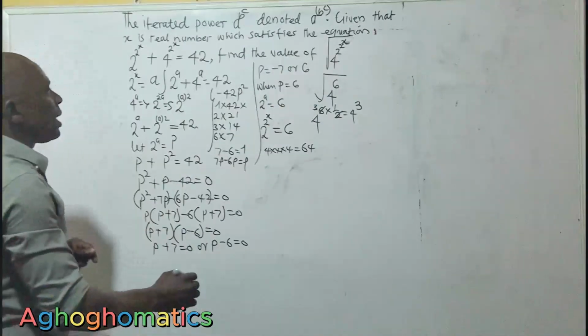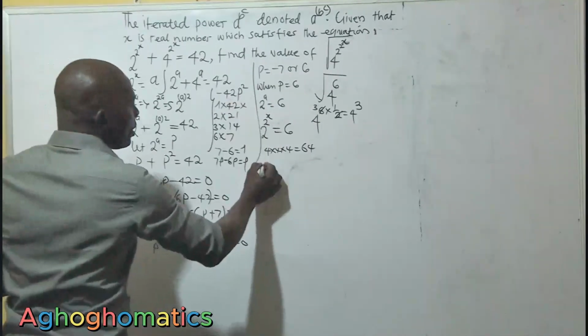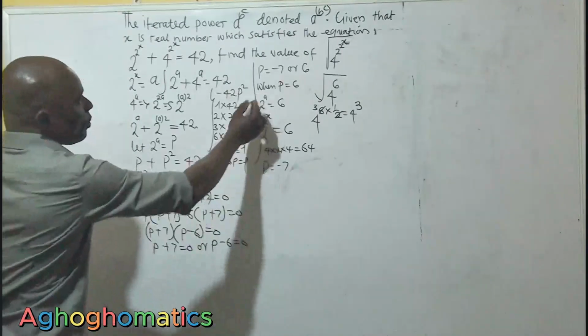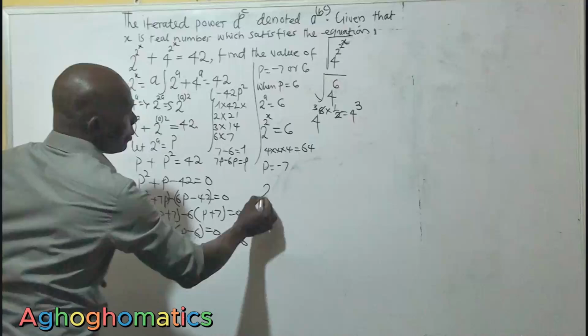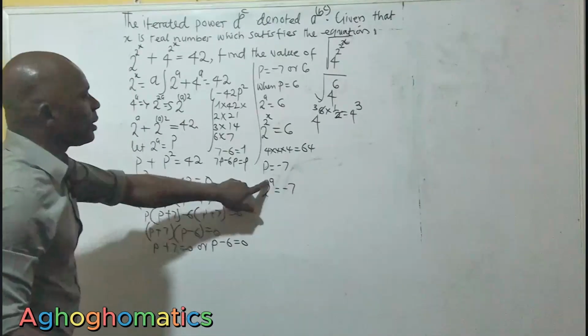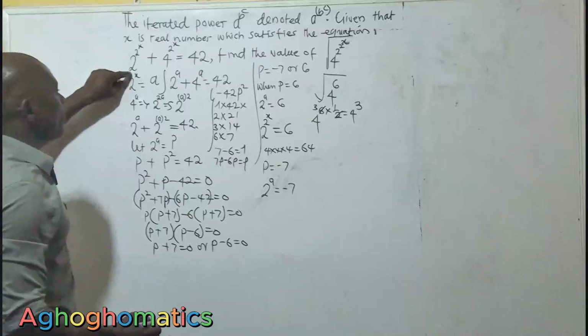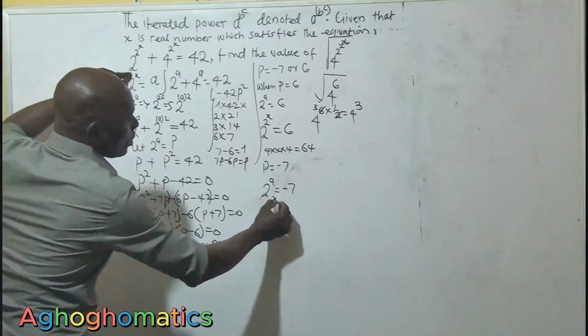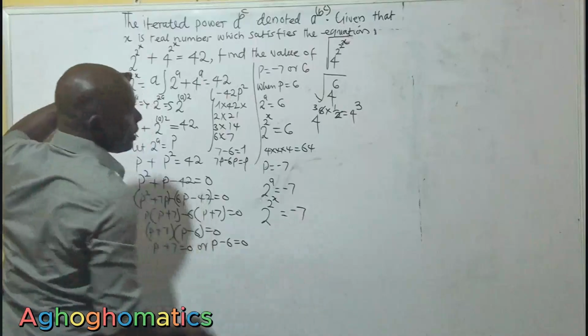Now let's also look at a situation when the value of p is negative 7. So here we also said that 2 raised power a is equal to negative 7. Recall that a is 2 raised to the power of x. So here becomes 2 raised power x is equal to negative 7.